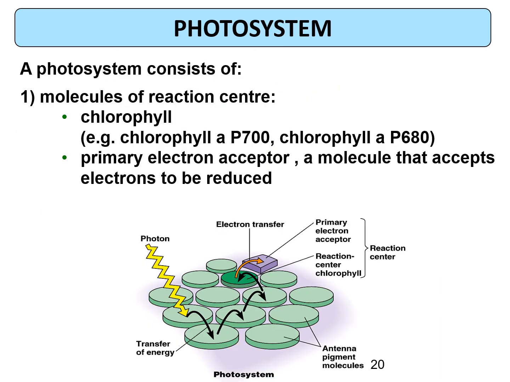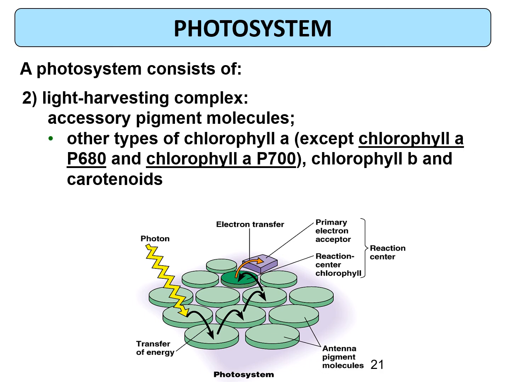So a photosystem consists of a reaction center, which is the chlorophyll, either chlorophyll A P700 or chlorophyll A P680. And then we have the primary electron acceptor, a molecule that will accept electrons. And the third molecule is the light harvesting complex, which is the accessory pigments molecules.